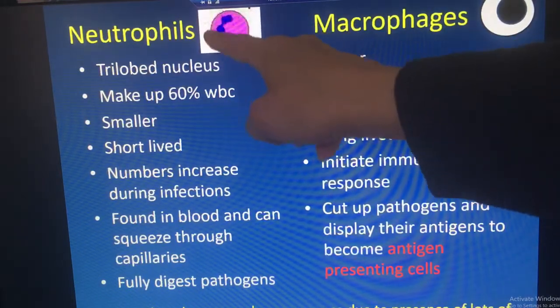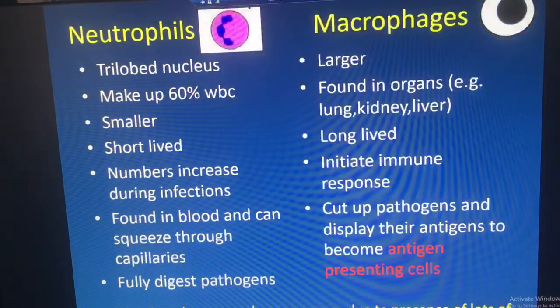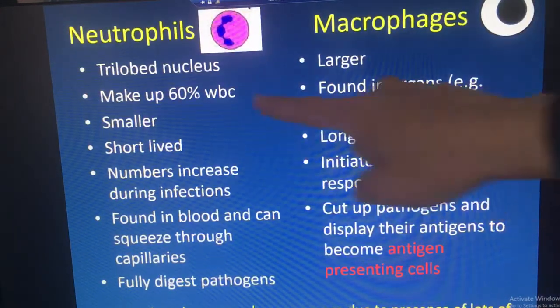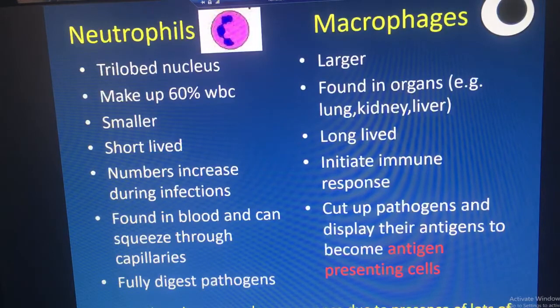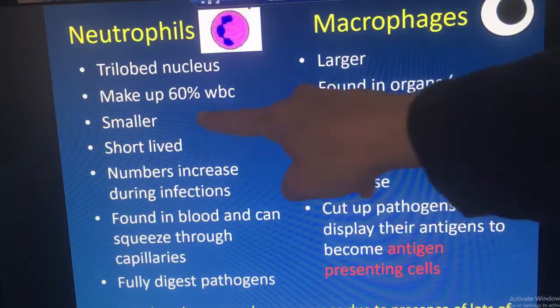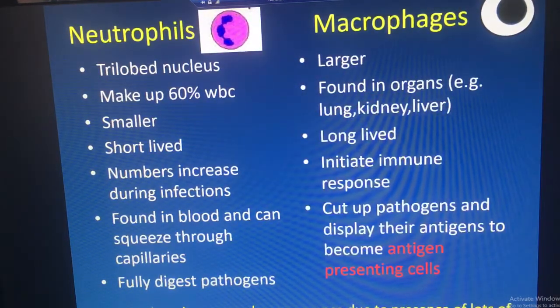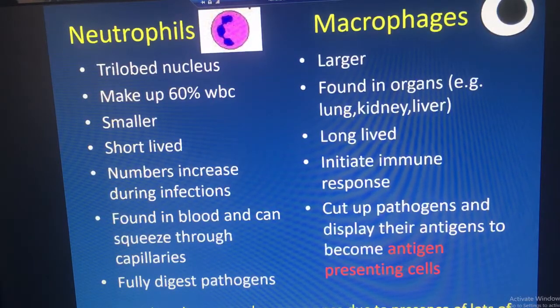It's got many lobes surrounded by the nuclear envelope. They make up a really large proportion of the total white blood cell family, and they are quite a small cell because they've got to be able to squeeze into tissues to be able to carry out phagocytosis in tissues.